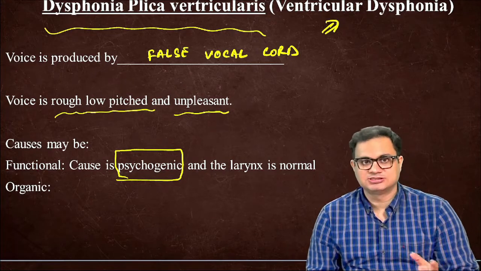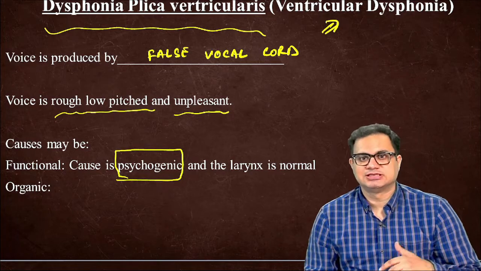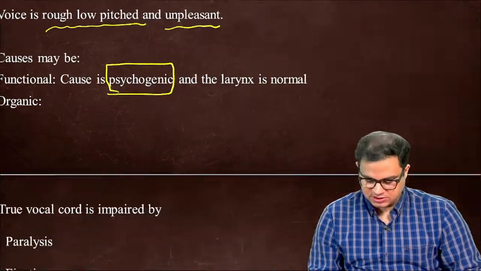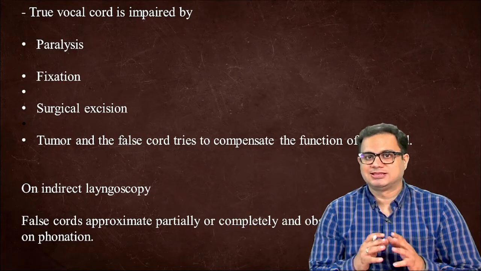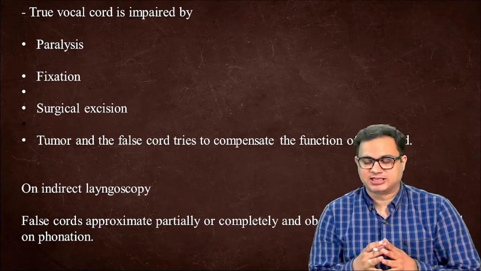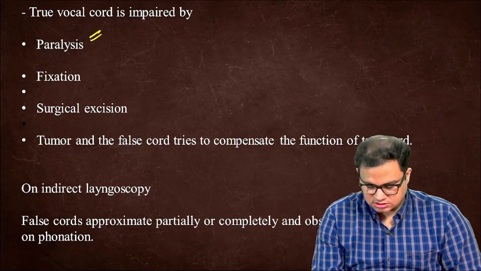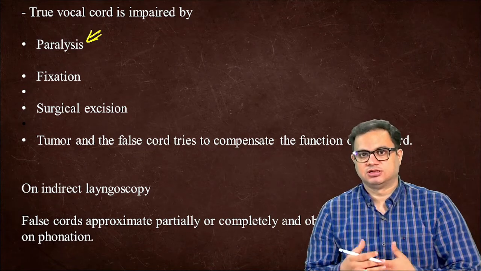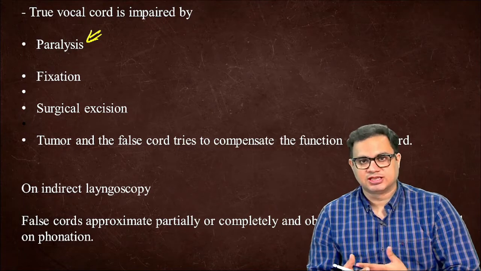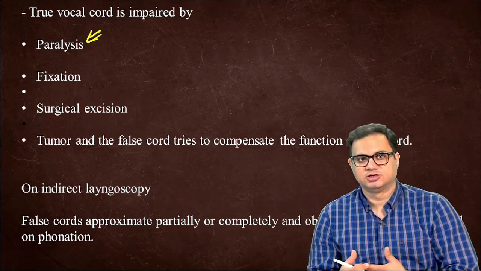Then the next cause is organic. Organic means that there has to be some cause to it. Now what is the cause in organic? The true vocal cord, in this case they are impaired either by paralysis. Paralysis means that there can be paralysis of the recurrent laryngeal nerve, the superior laryngeal nerve, or combined vagal nerve paralysis.